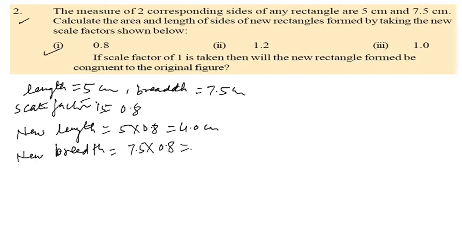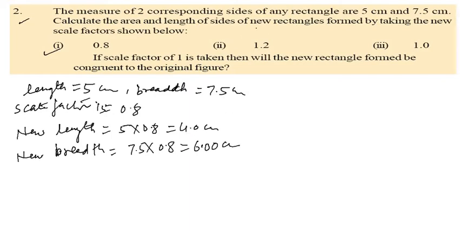Now multiply: 8 fives are 40 and 8 sevens are 56, and 4, that is 60, and so 6 centimeter. So that one is the answer.